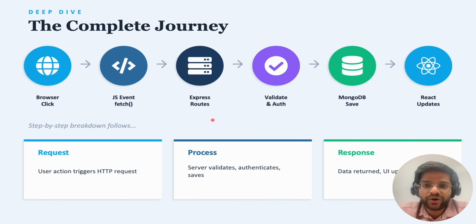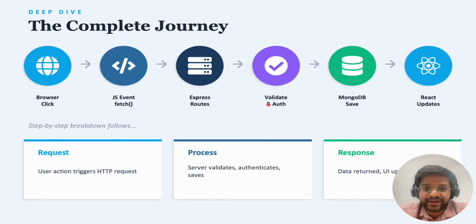I'm going to walk you through the six steps shown over here, and then we're going to go into the details as well. It starts with a browser click, where the user does something on the browser that triggers a JavaScript event, which is called fetch, to send an HTTP request. This request hits the Express server, which routes it to the handler.